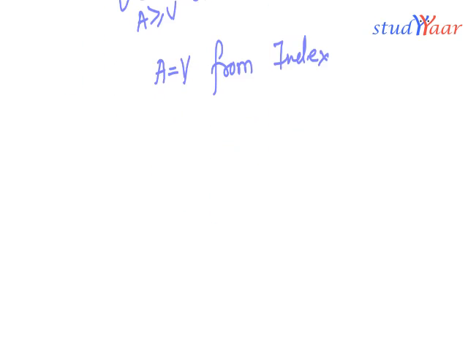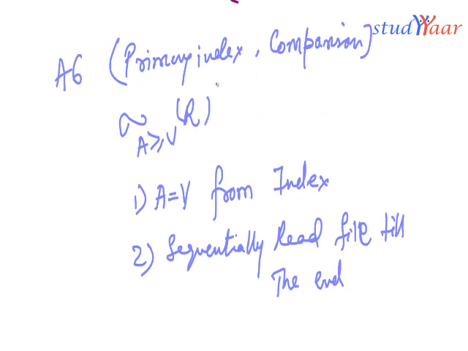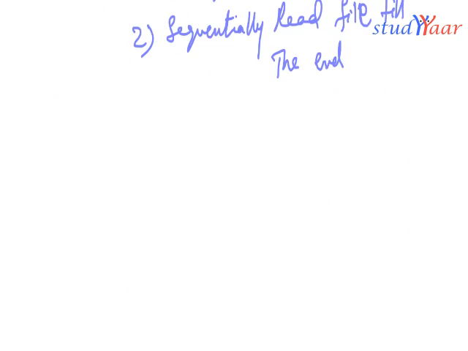After that, the second step is I am going to sequentially read the file till the end. Since I am looking at records with A greater than or equal to V, and it is my primary index, my file is sorted with respect to this particular attribute value. So once I find the record having A equal to V, all the records ahead of it would have value greater than V.